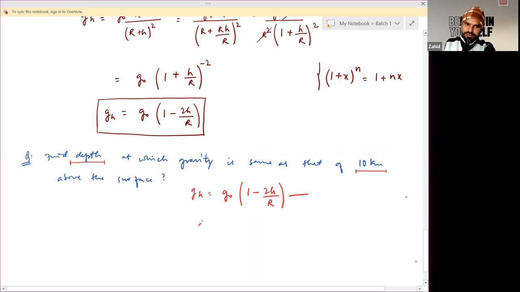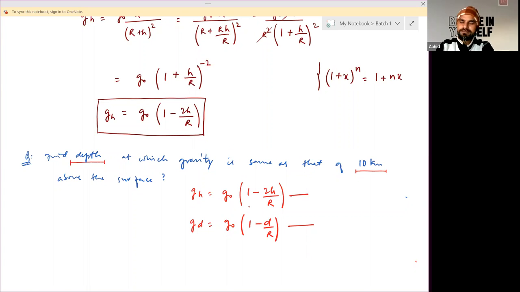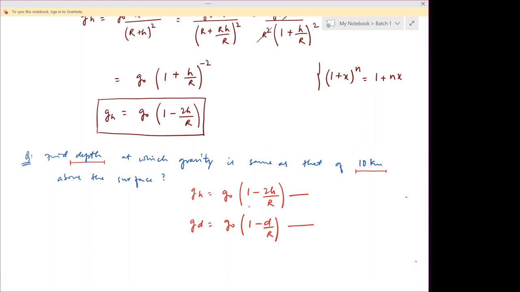And gravity due to depth equals g naught times 1 minus d by R. So just equate these two terms and try to find d with respect to h. Then put the value of h to be 10, and you will get d. Is it clear? Yes, sir.